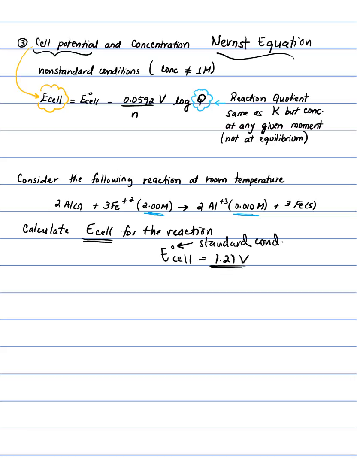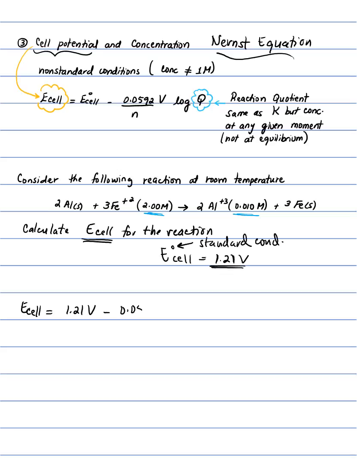The concentration for your aluminum ion is 0.01 molar. So I'm going to start by writing my equation, and that will be E cell non-standard. That's what you're calculating. 1.21 volts. That's the cell potential for your reaction under standard conditions, and we calculated that one previously.